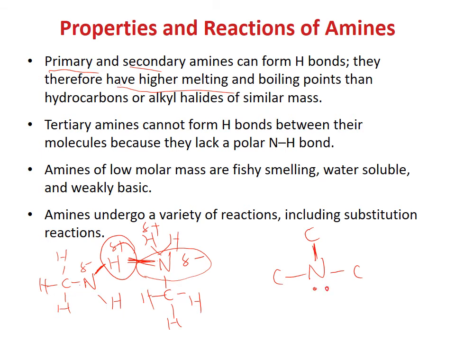So if nitrogen is attached to 3 carbons, it does not have a hydrogen, and therefore it cannot form a hydrogen bond. Amines of low molar mass are usually fishy smelling, water soluble, and weakly basic. Amines undergo a variety of reactions, including substitution reactions.